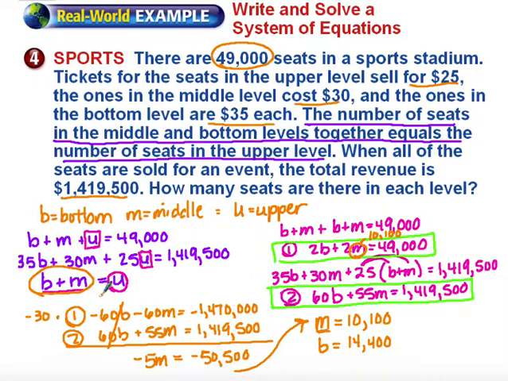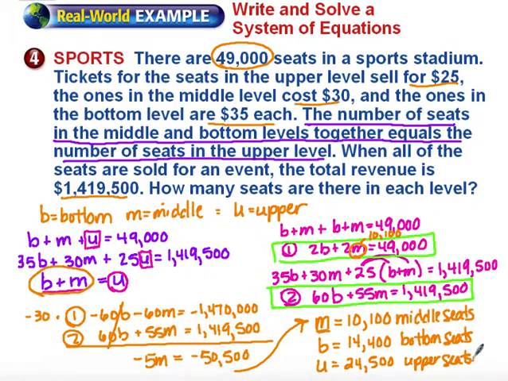So if I add those two together, my u is going to end up being 24,500 seats. So this is middle seats, and this is bottom seats, and this is upper seats.